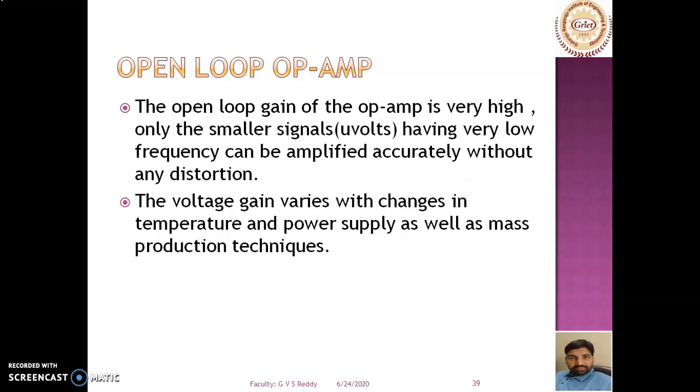The open loop gain of the operational amplifier is very high. Only smaller signals, that is in the microvolts range, having very low frequency, are amplified accurately without any distortion. The voltage gain varies with changes in temperature and power supply as well as mass production techniques.